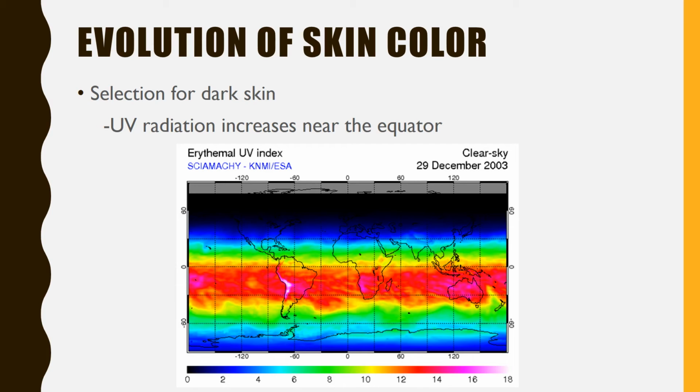Sunburn or getting too much UV radiation on your skin can cause lesions or lead to infections, but this also predisposes individuals to the possibility of skin cancer. So the first selective factor that we can consider that may have selected for darkly pigmented skin near the equator is skin cancer.